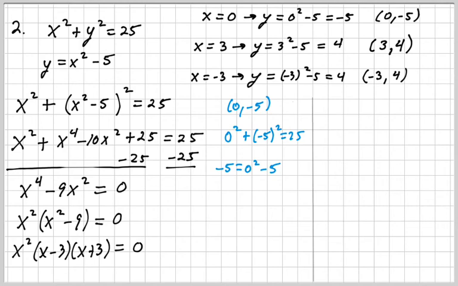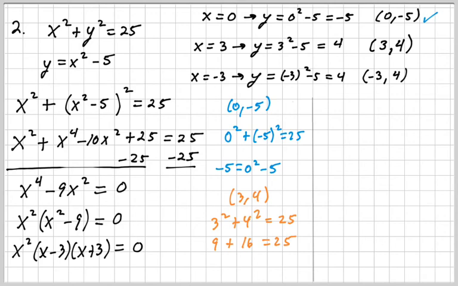That's correct. So the first point works in both equations. Okay, now let's take a look at 3 and 4. So 3 squared plus 4 squared, that is equal to 25. We saw that on the last slide. That's 9 plus 16 is 25, so that's good.